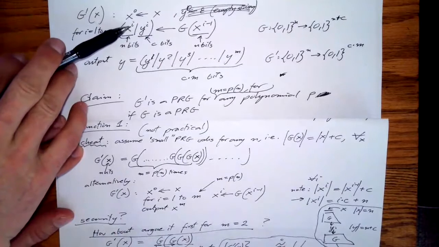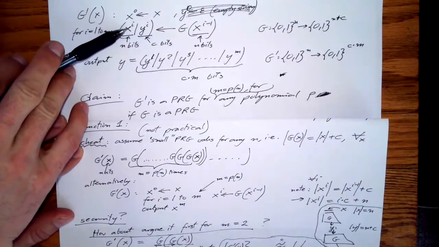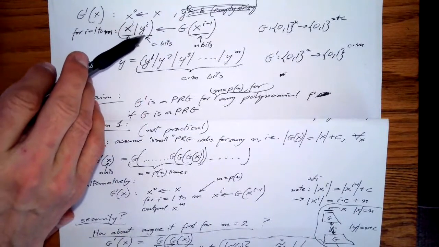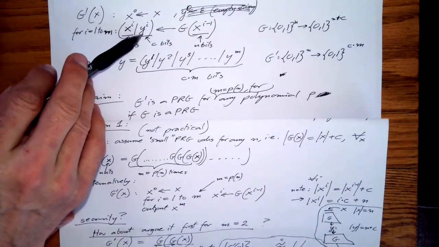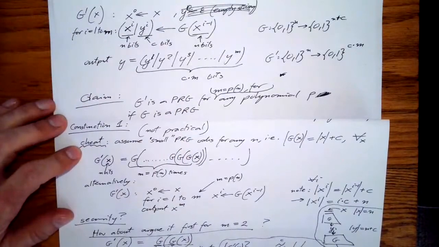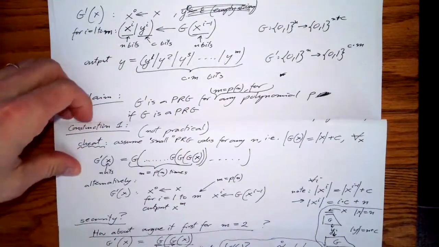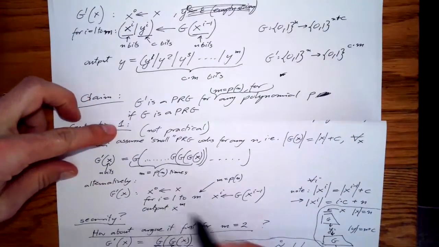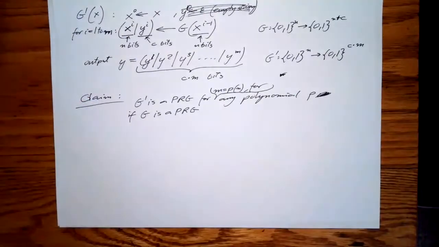Whereas this one only takes the first n bits as the new seed and saves the c extra bits of the output, and uses that as the output of the whole construction, rather than the seed that grows and grows and grows.